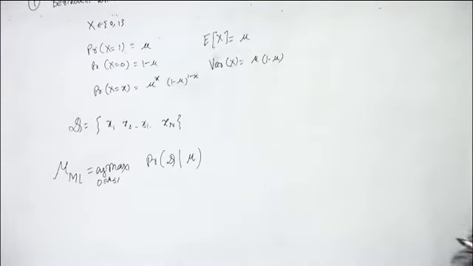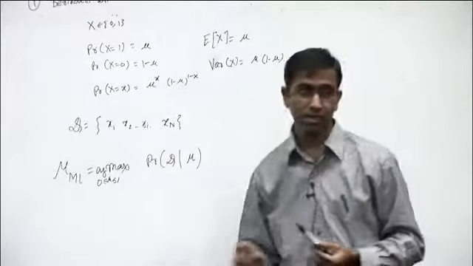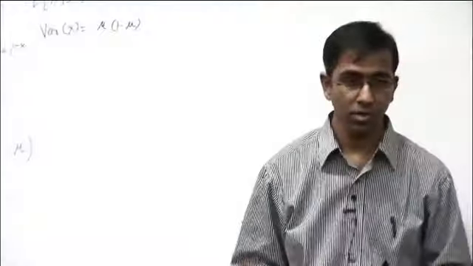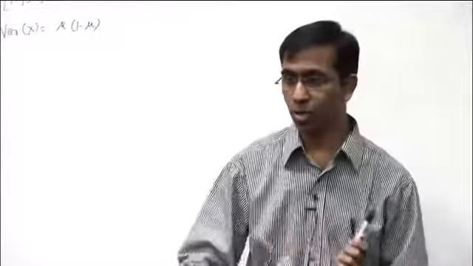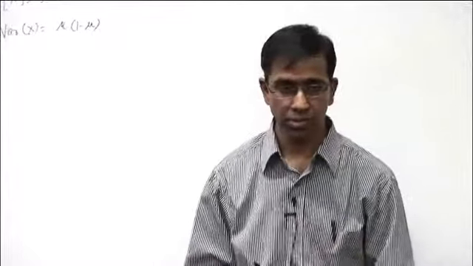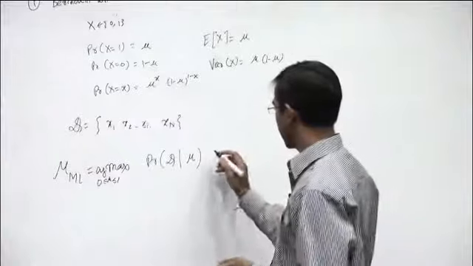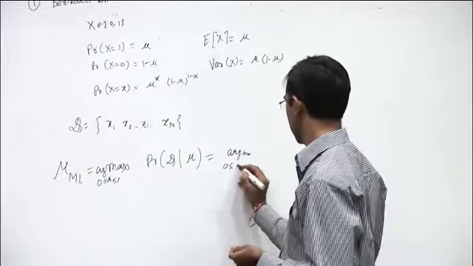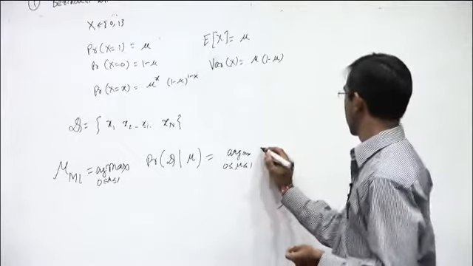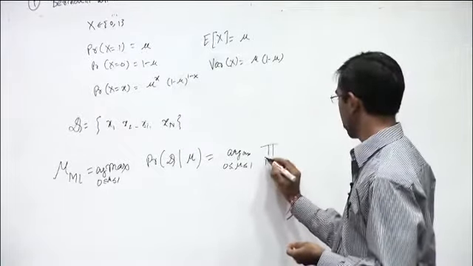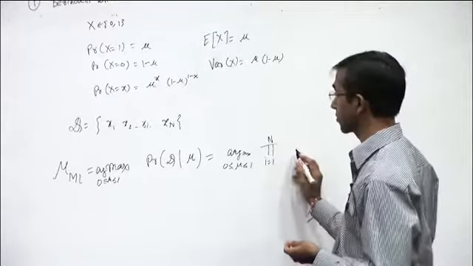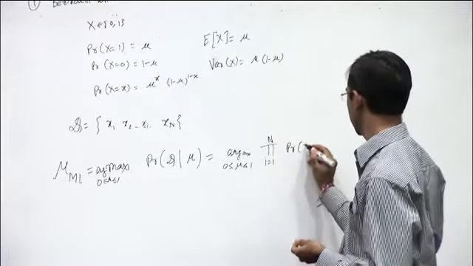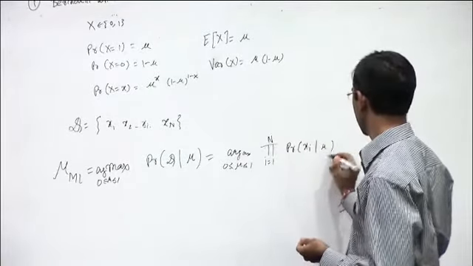Now all of these observations I have said are independent of each other. That is, one trial has no bearing at all on the next trial. So using independence I can write this as argmax of the multiplication over each trial of the probability of xi given mu.